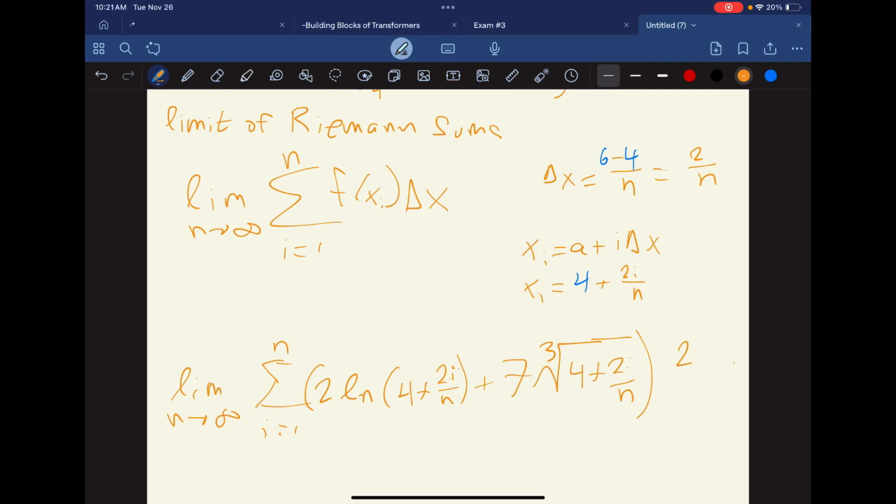We said our delta x is 2 divided by n, so this would be our final answer here.